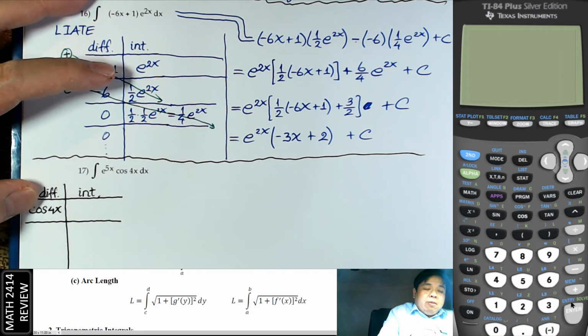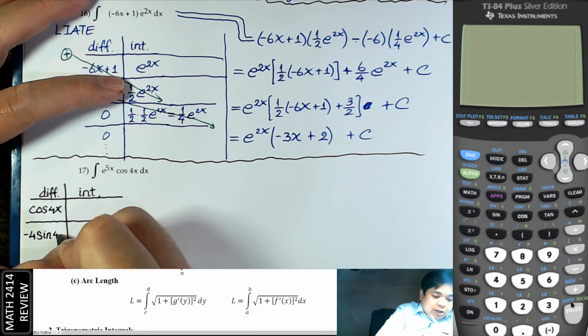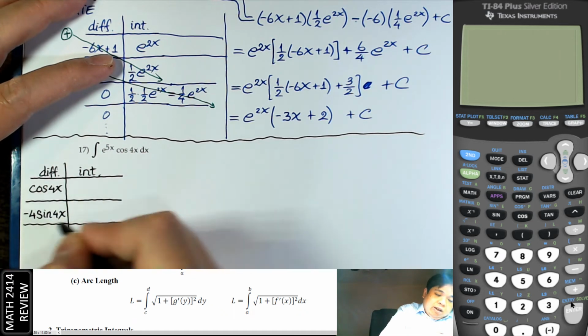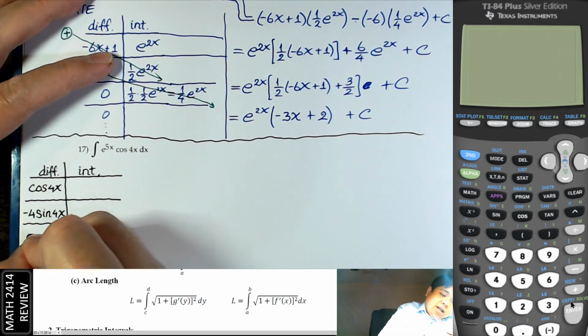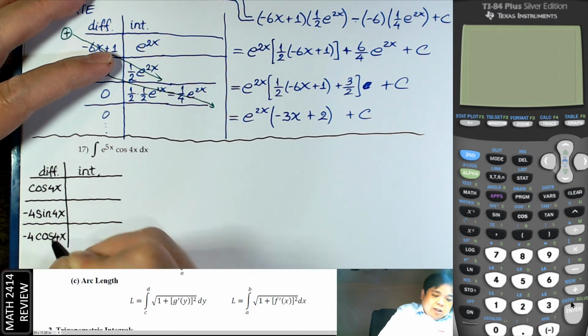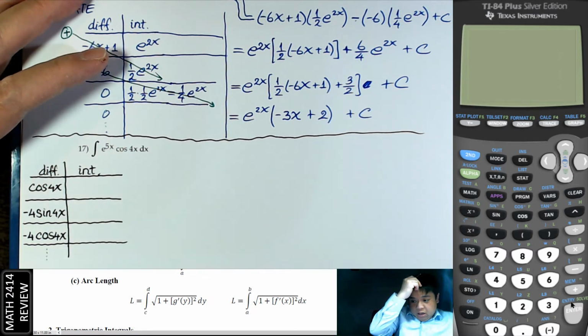Take the derivative: the derivative of cosine of 4x is negative 4 sine of 4x. And then the derivative of this is negative 4 cosine of 4x. And if we keep doing that, it's not going to be 0.